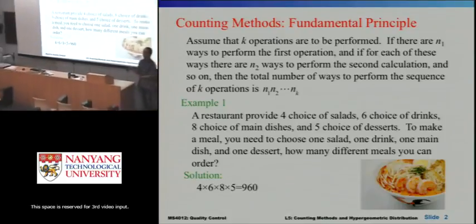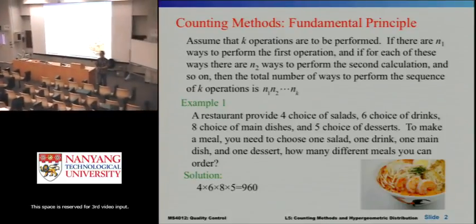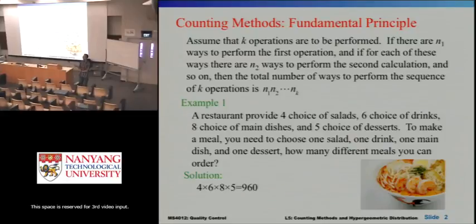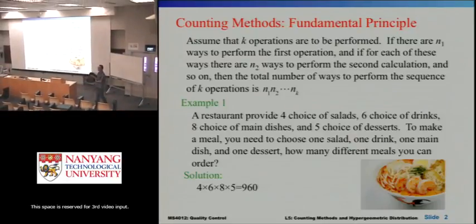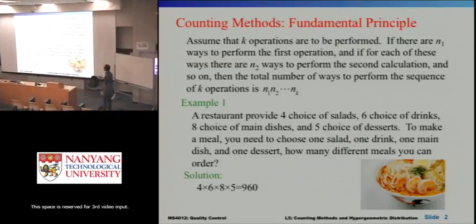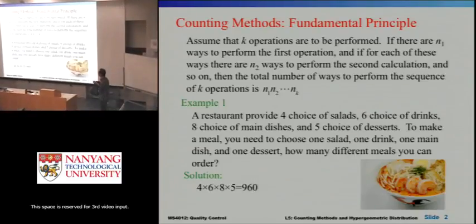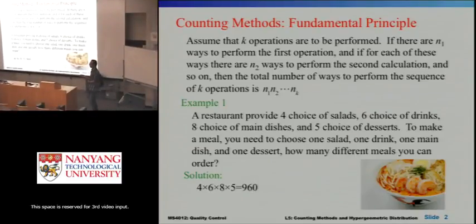When we change our salad, it's a different meal. When we change our main dish, it's a different meal, right? So even if this restaurant only provides this very limited choice, we can see the number of ways to get a meal is around 1,000. Here, the first operation is to choose our salad.